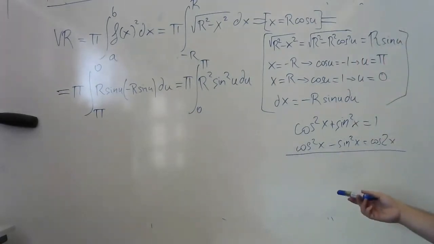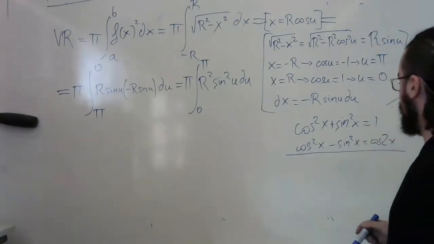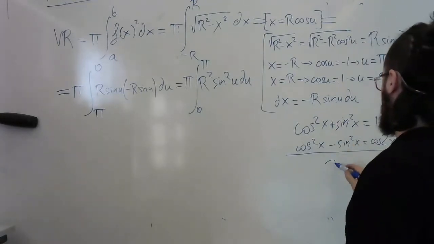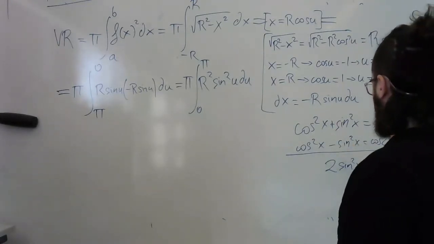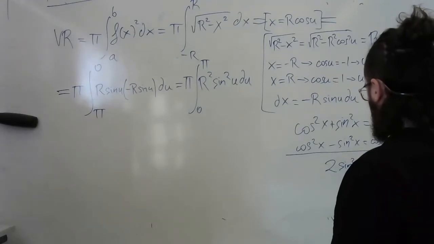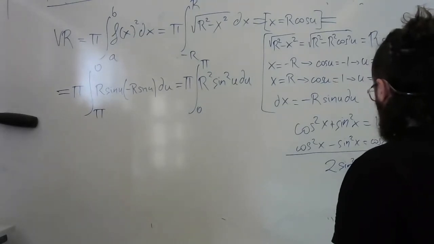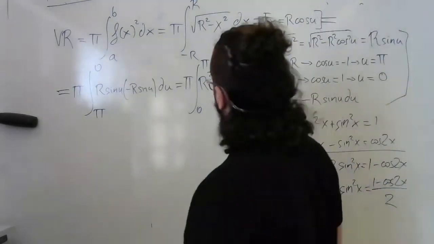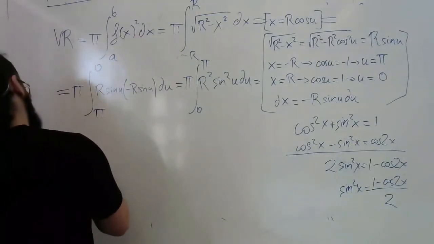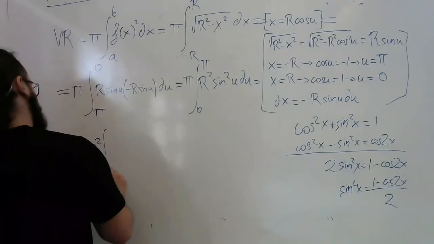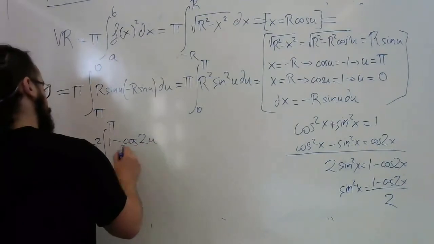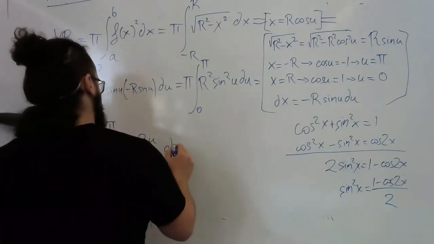Now, you can produce every single trigonometric identity from these two. And so we do this equation minus this equation, and we get 2 sine squared is 1 minus cosine of the double angle. So this is pi r squared integral from 0 to pi of 1 minus cosine of 2u divided by 2 differential of u.